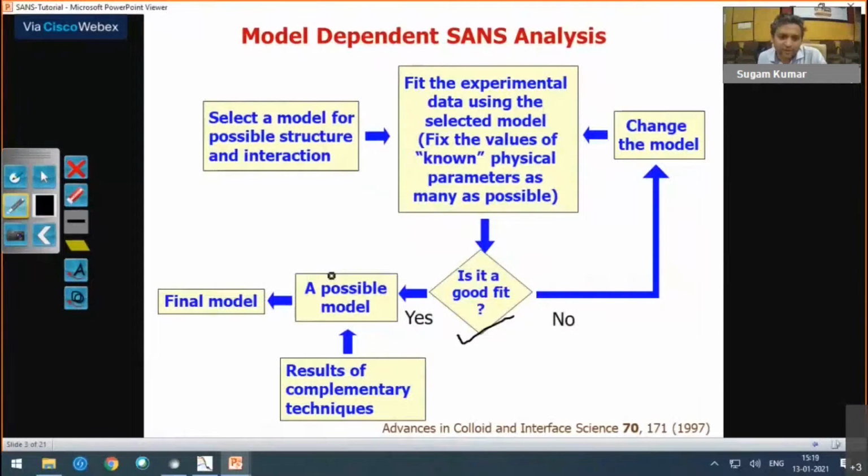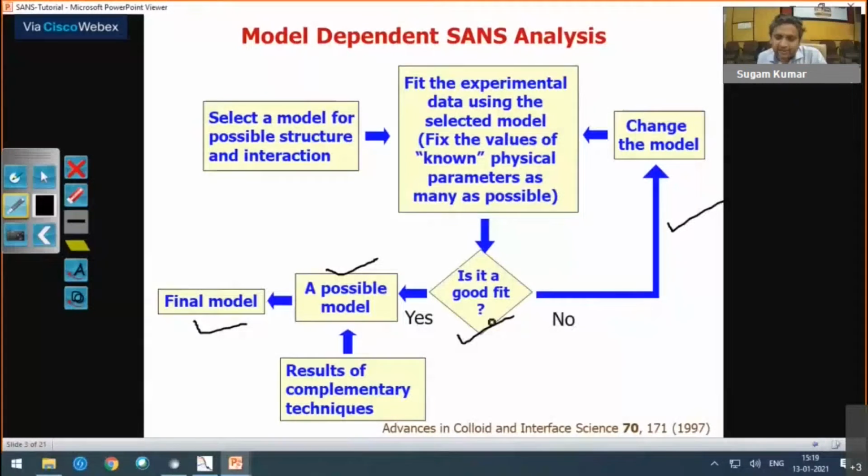This is a possible model, and we complement this with all the information which we have in prior, and this may be the final model. If not, then we go back and change the model and do everything again.